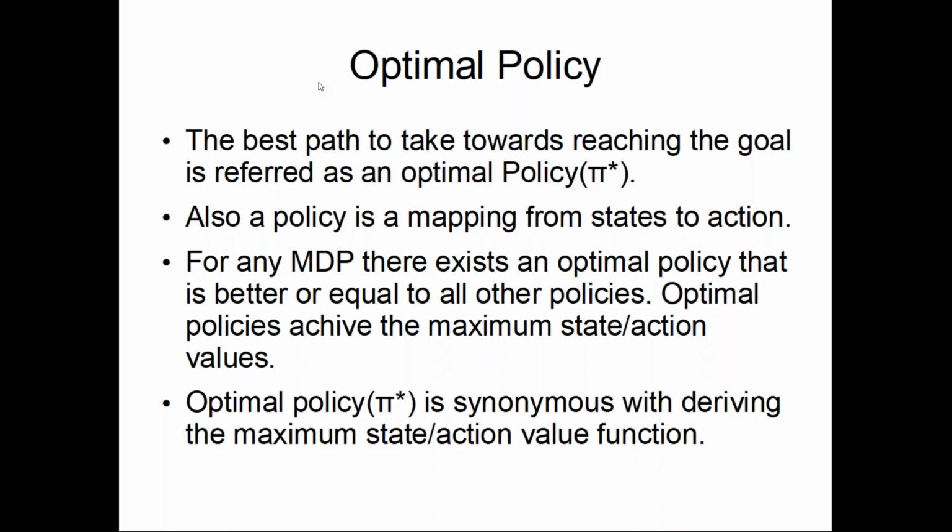But generally, in games there is a goal and there are various pathways, which we call policies, to reach that goal. So the best policy, the best path to take towards reaching the goal, is referred to as the optimal policy.